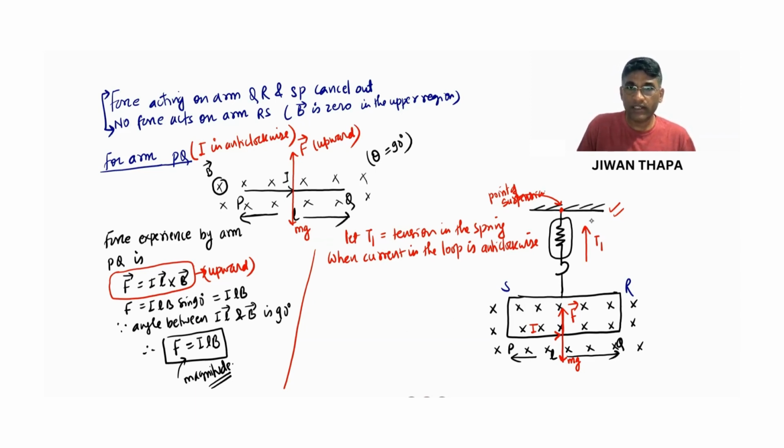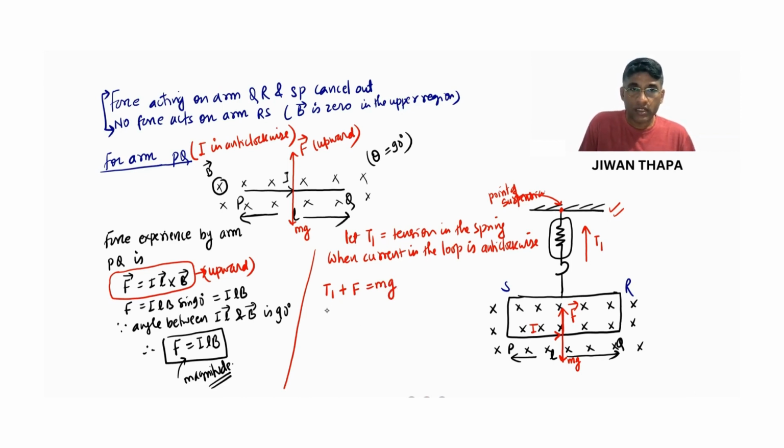So what we find from this diagram, we find T1, that is tension in the spring when current is in anti-clockwise direction. T1 plus F, force in magnitude, equals mg. Clear?